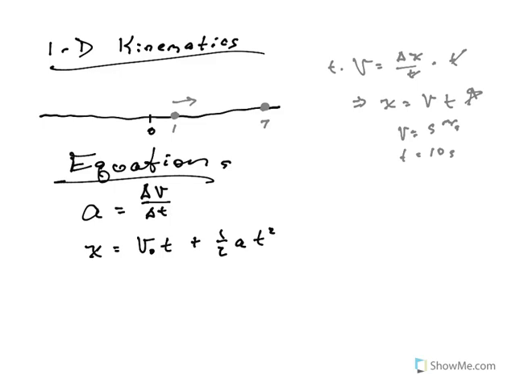So we need some other equation that relates these variables together, but does not include time in it. And that equation is this. Vf squared, so the final velocity of an object squared, is v naught squared, initial velocity of the object squared, plus 2 times the acceleration times the distance traveled.